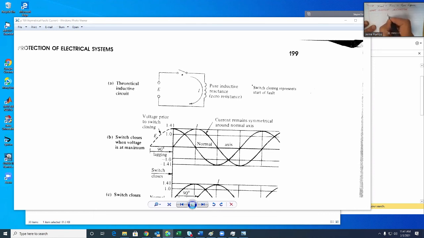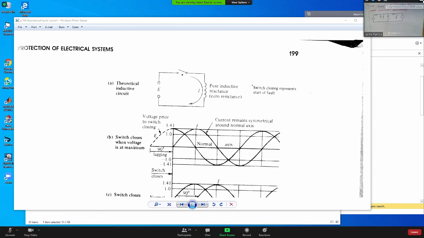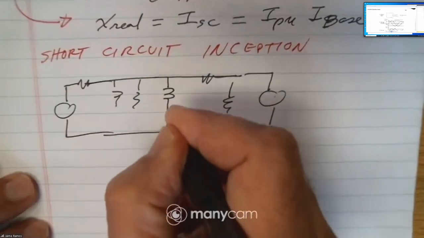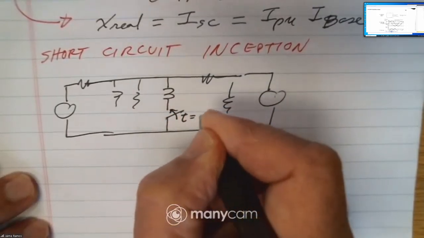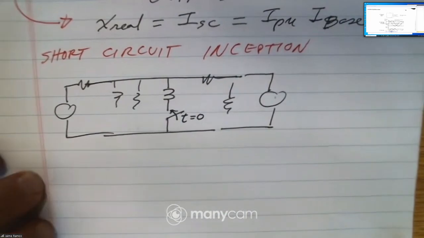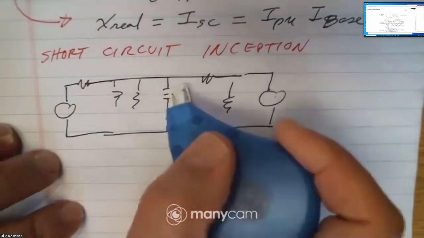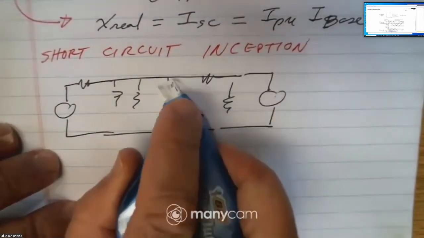It's going to be somewhere here in a system that has a lot of impedance, possibly with different sources. So at T0, this switch closes.